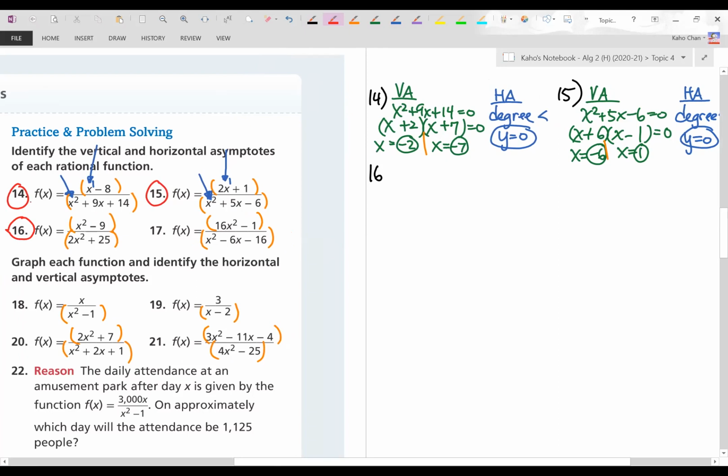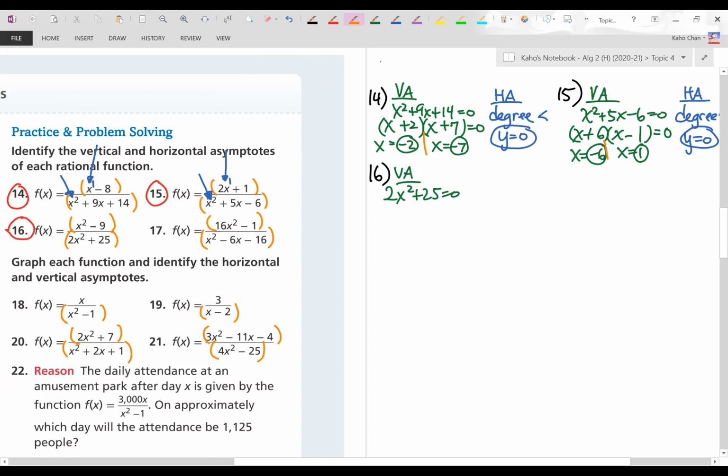Okay, just in case. I worry about those types of problems. 2x squared plus 25. Let's set that equal to 0 for my vertical asymptote. Now, this is going to be kind of weird. 2x squared plus 25 can't be factored.